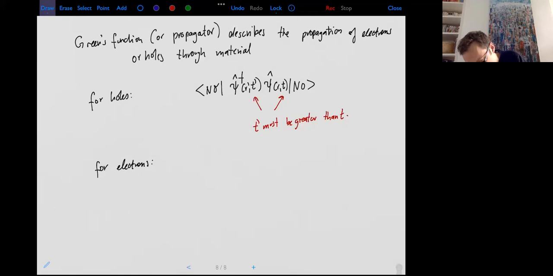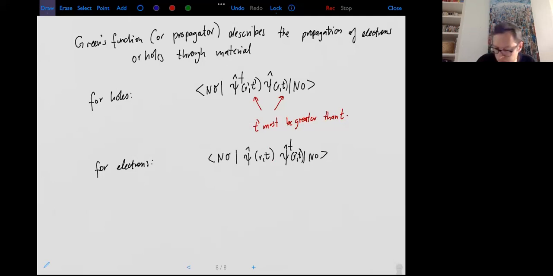So for electrons, let's say we're doing tunneling spectroscopy, we can put the electron in, let it propagate in the material, and then remove it again. And this quantity gives us information about the propagation of electrons. And here, of course, T must be greater than T prime.